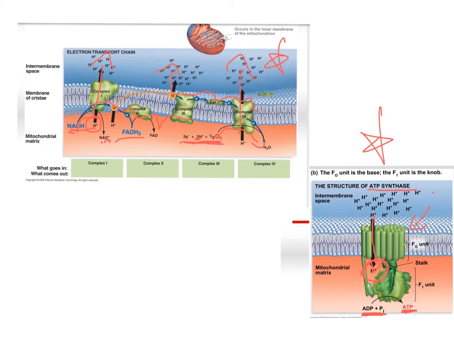And we're not worried about how many water on your sheet, because it's a waste product from this process. Okay, so we've generated a whole bunch of ATP now in the process of doing the electron transport chain.